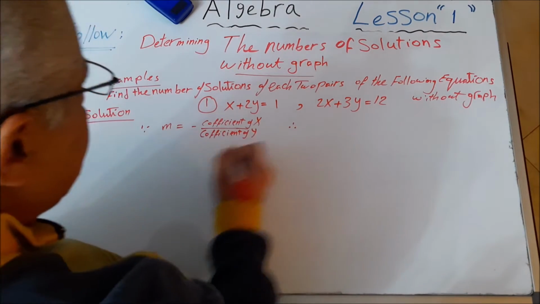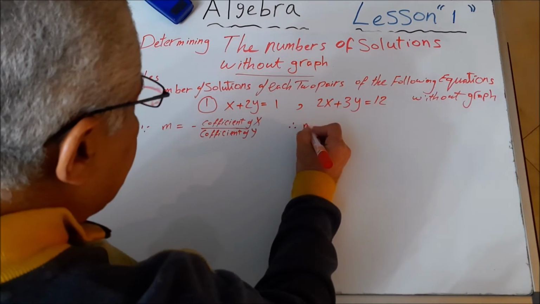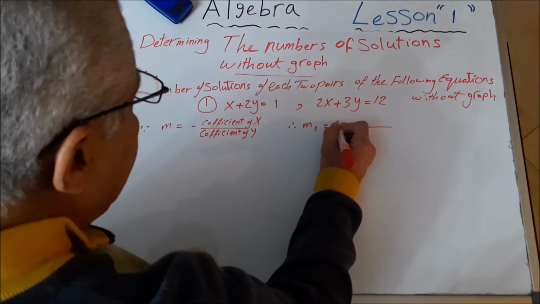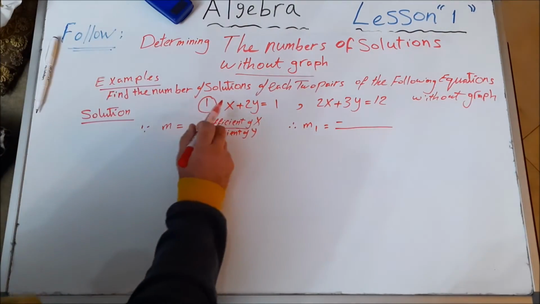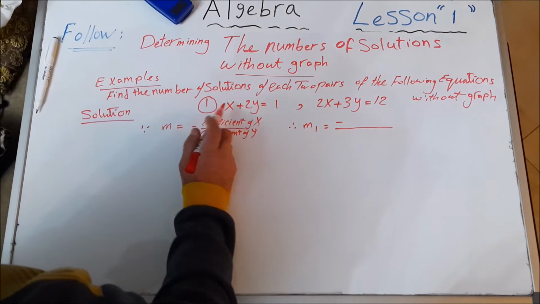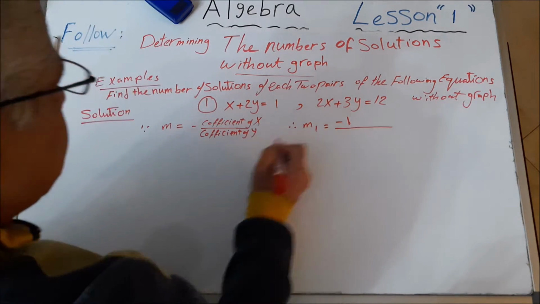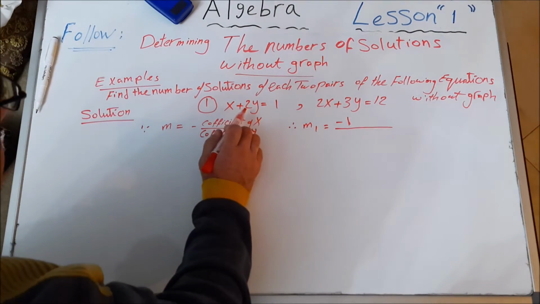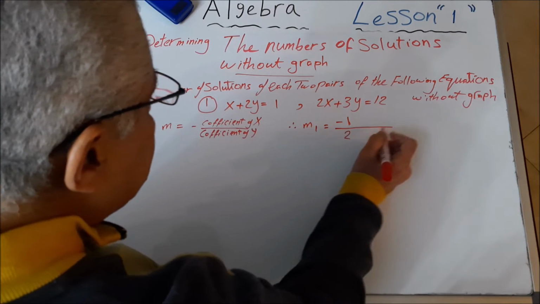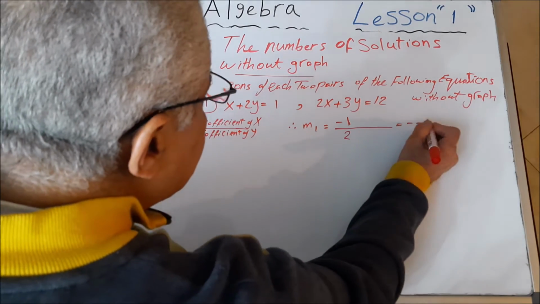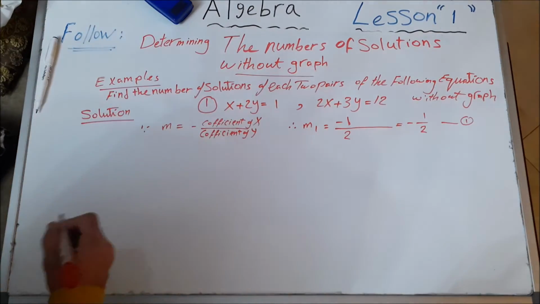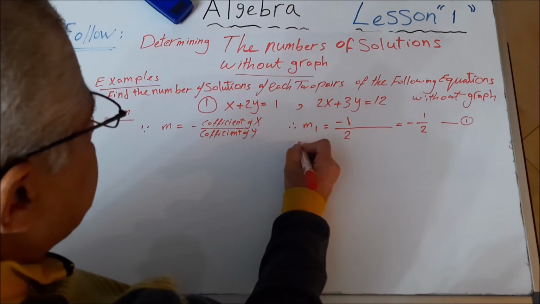So for the first equation, m1 equal minus coefficient of x in the first equation, the coefficient of x in this case equal 1, divided by coefficient of y. Coefficient of y in this equation equal 2. So m1 equal minus half. This is number 1.